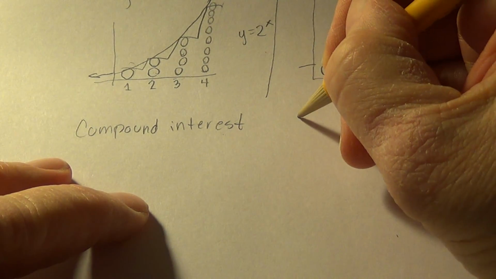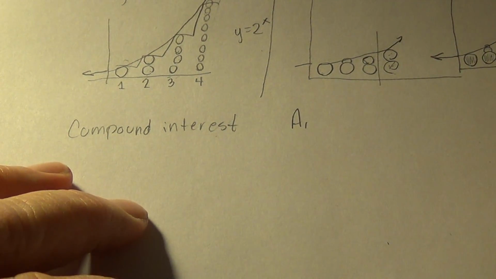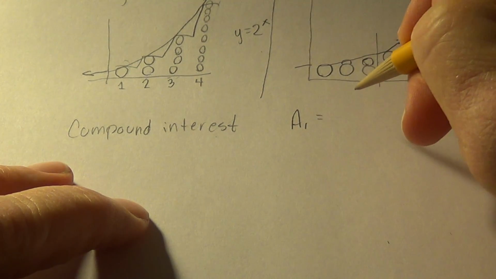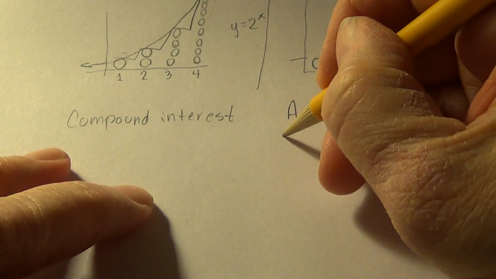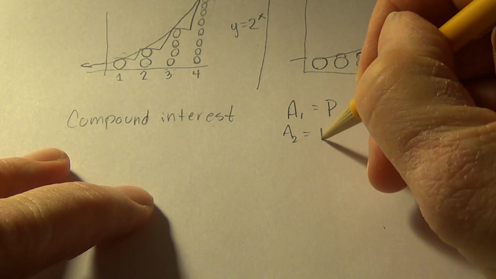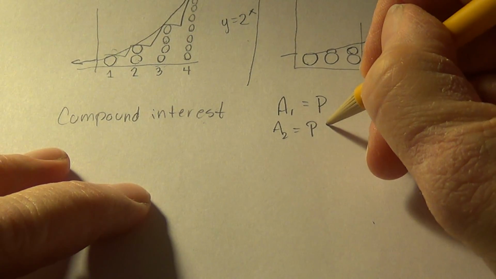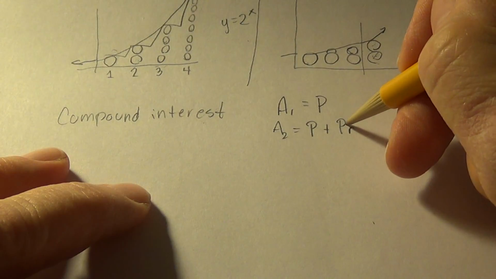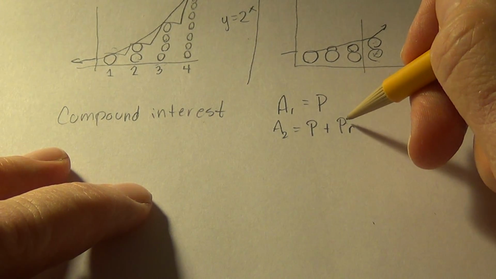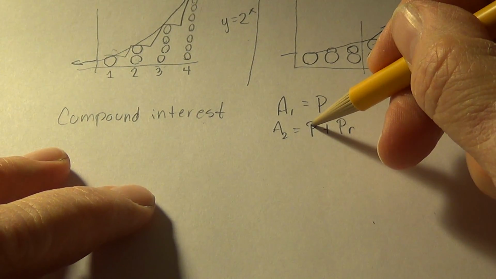Say the first year I have an amount of money, and that money is going to be P. Then the second year, because of interest rates, I'm going to get P back, plus P times R. The interest rate will be applied to the principal, and we will get what we put in to start with.